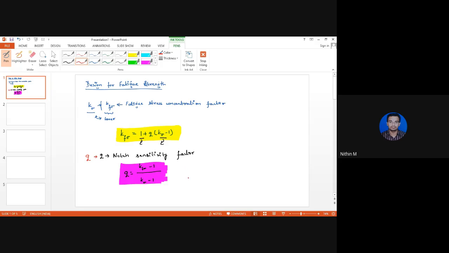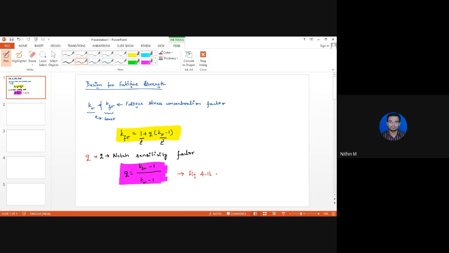So then the notch sensitivity factor for a given component can be obtained using your data handbook by referring to figure 4.13. Can you open figure 4.13 in your handbook? On the x-axis, you have the notch radius.